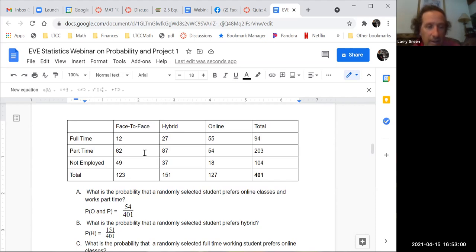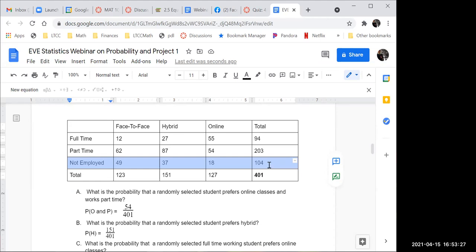What's the numerator? And here's a hint. We're given not employed. So what is that probability of preferring hybrid given not employed? 104.